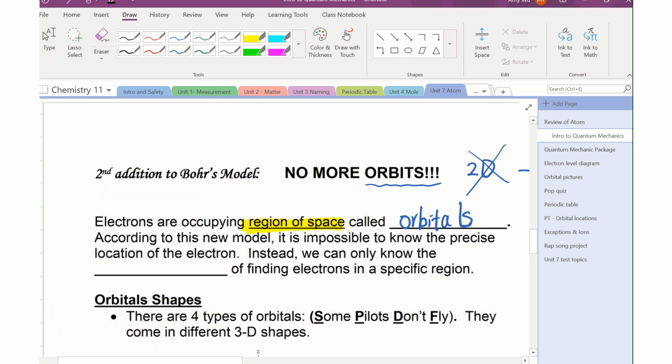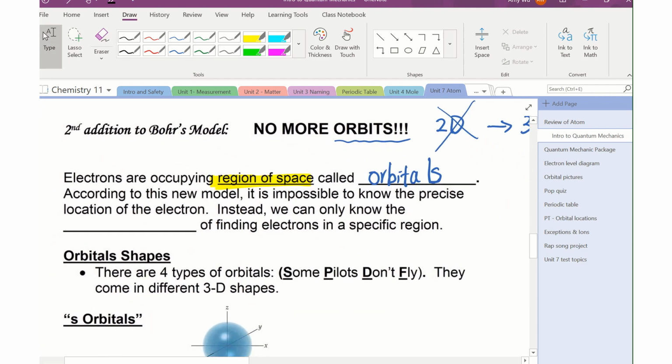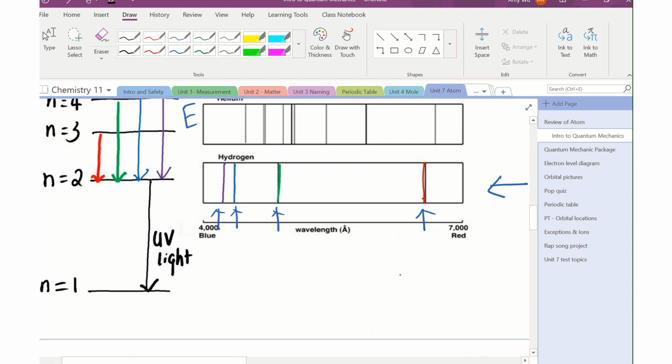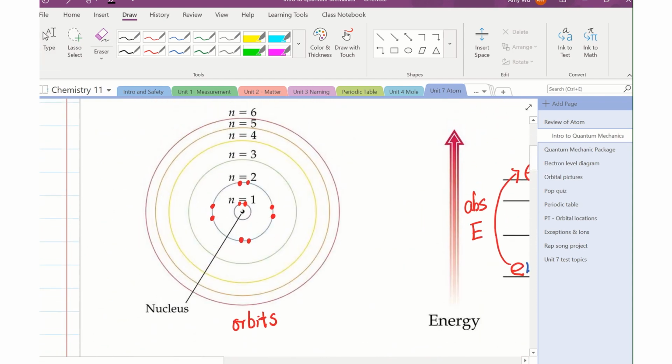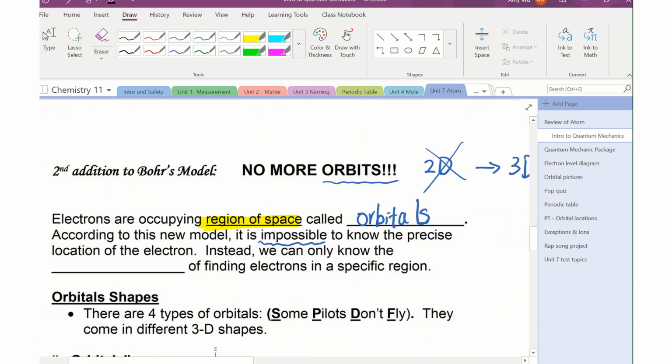Now, according to this new model, it's impossible to know the precise location of the electron. Here, if you look at the Bohr's model, you see all these dots going around the circle. But now, instead of thinking of dots, you need to think about a spherical shape that goes around the nucleus, and we cannot pinpoint where the electrons might be.